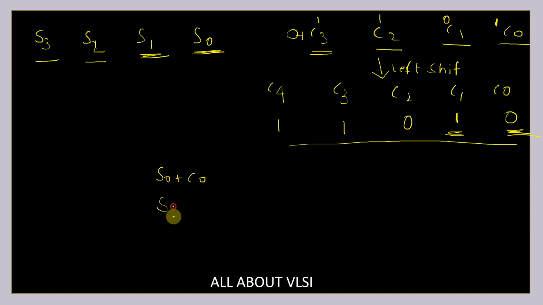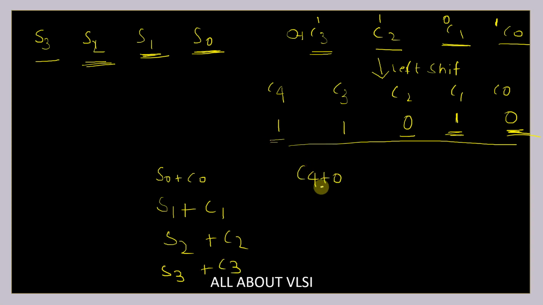And S2 I'm adding with C2, that means indirectly I'm adding S2 with C1. And S3 I'm adding with C3. And C4 I'm adding with 0. That's it. So this is what I'm going to do in my code.